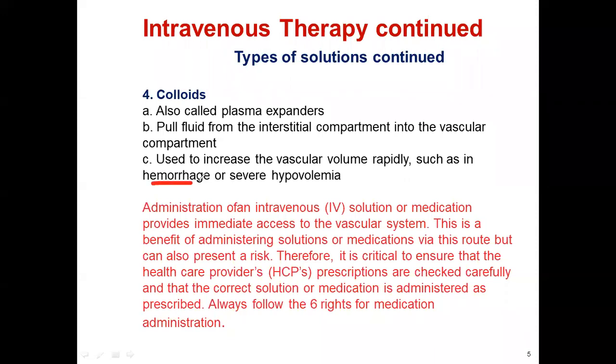Hemorrhage means bleeding. When hemorrhage continues, it leads to blood loss, blood loss leads to hypovolemia, hypovolemia leads to hypotension, which is low blood pressure, and low blood pressure leads to shock, right?